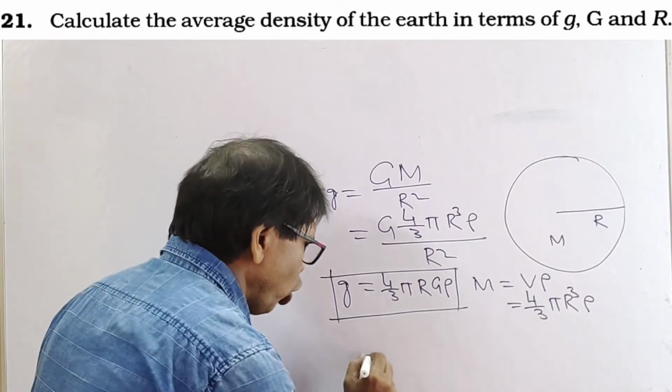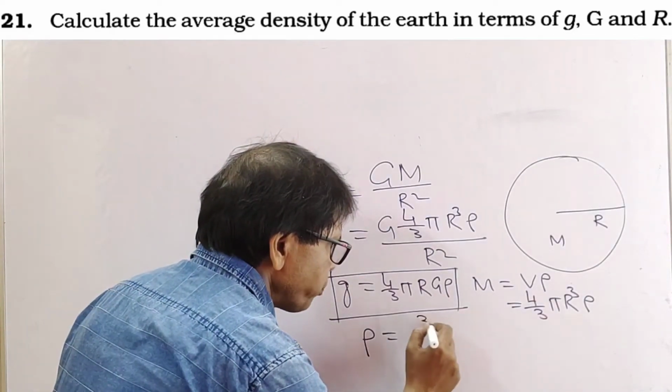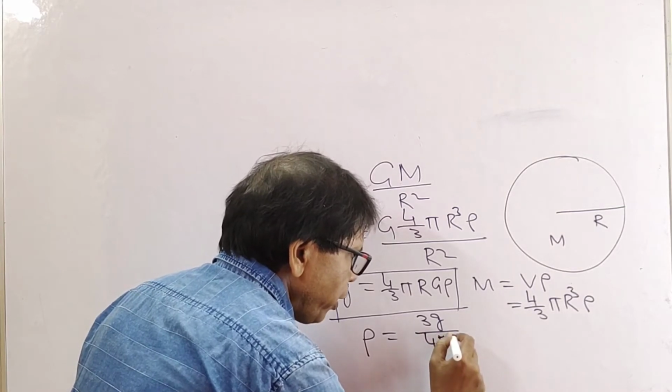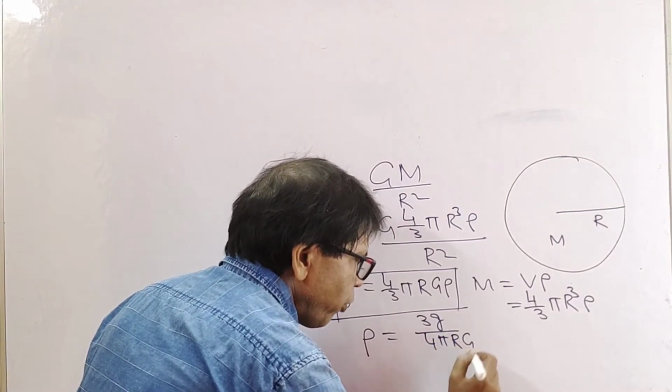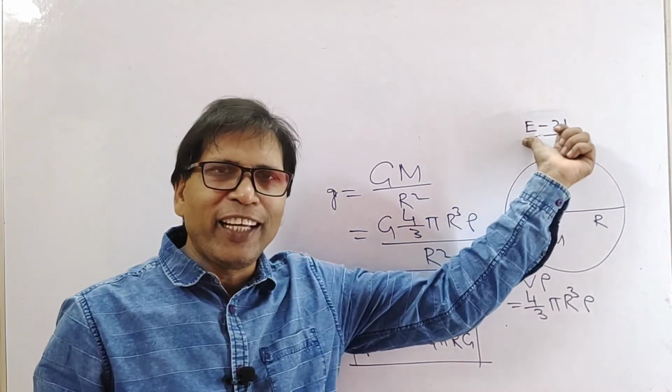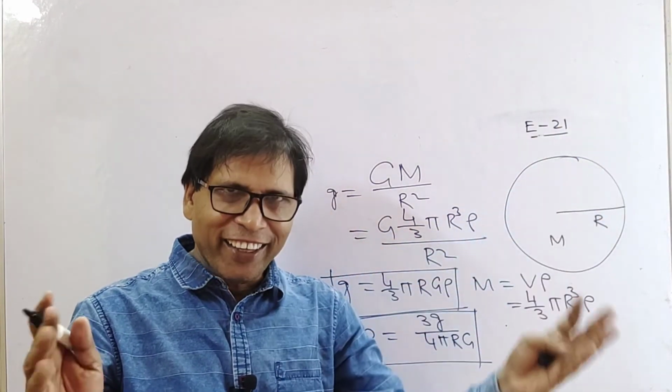So mean density of Earth rho is equal to 3g divided by 4 pi RG. Okay, this is the result of exemplar numerical 21. Okay, understood?